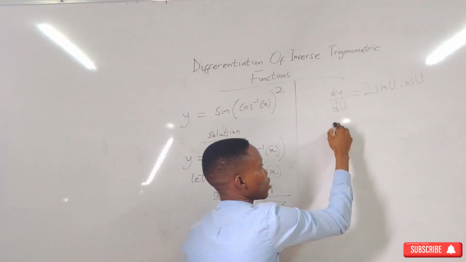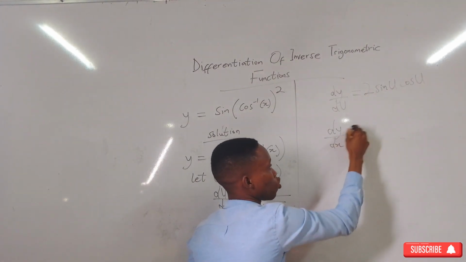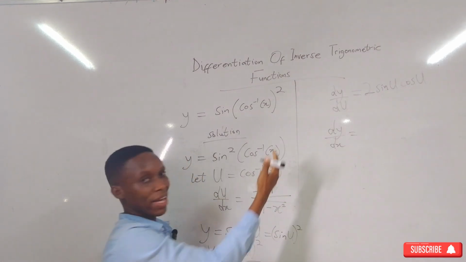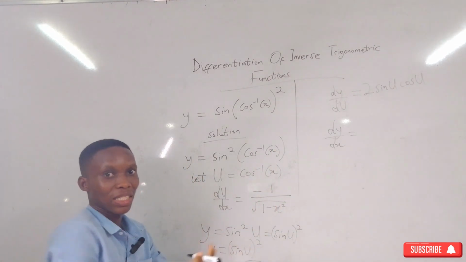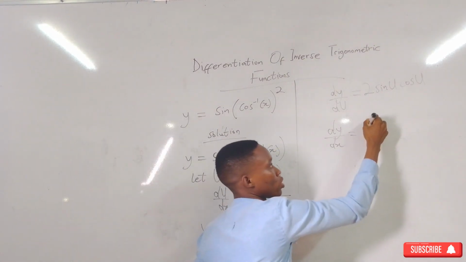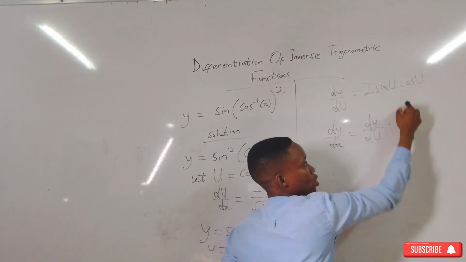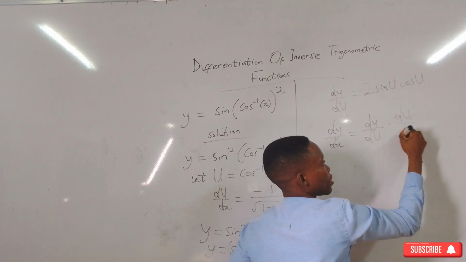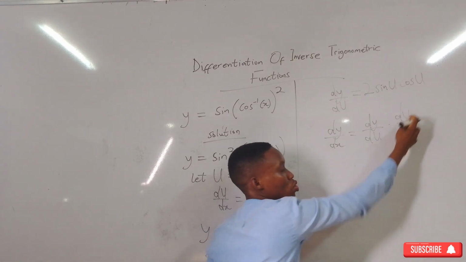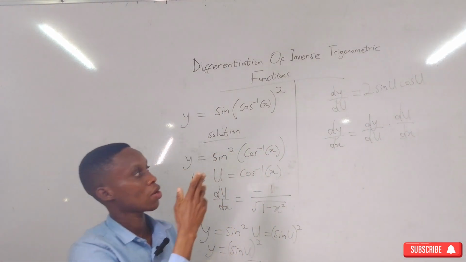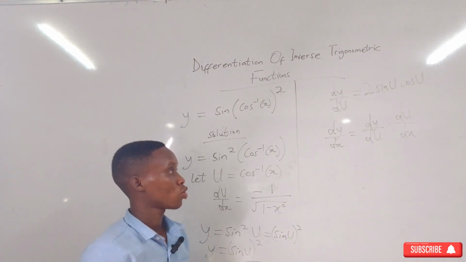So dy/dx will be equal to, by chain rule, we want to write it in terms of u as well. That will be dy/du times du/dx, so that when du cancels with du, we still have dy/dx.